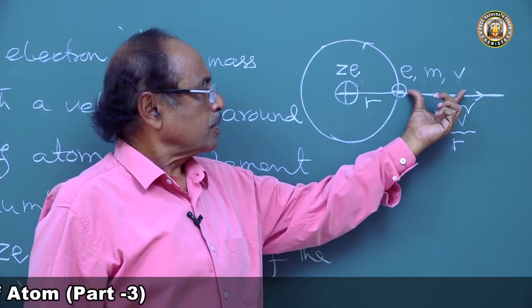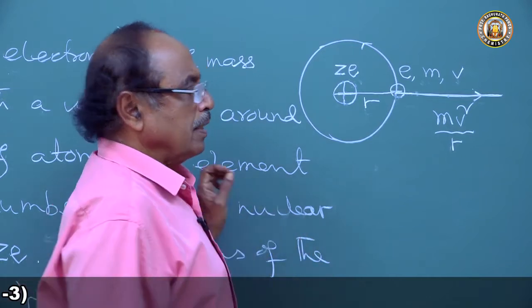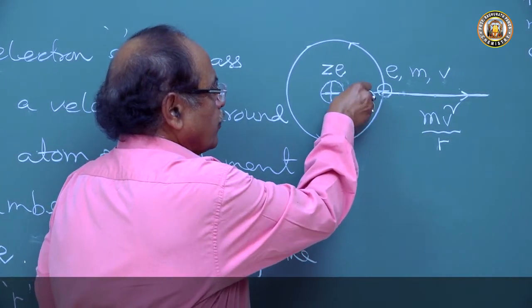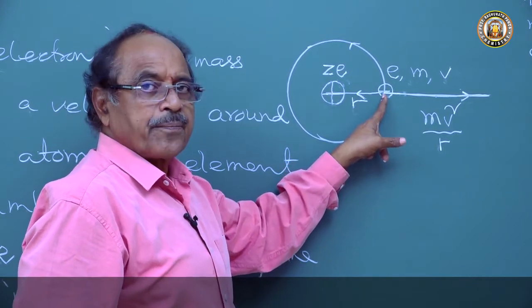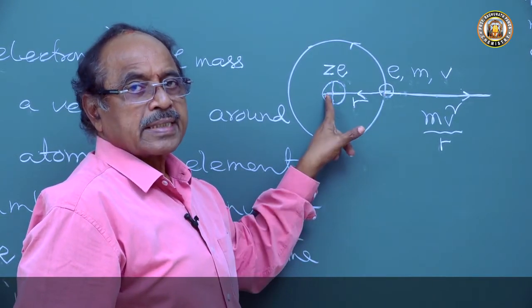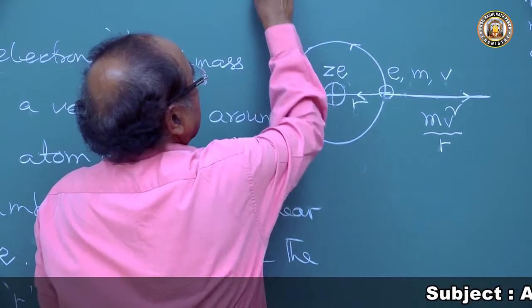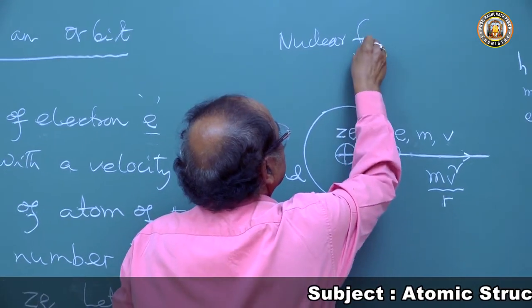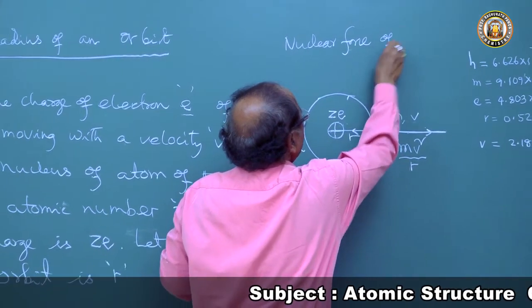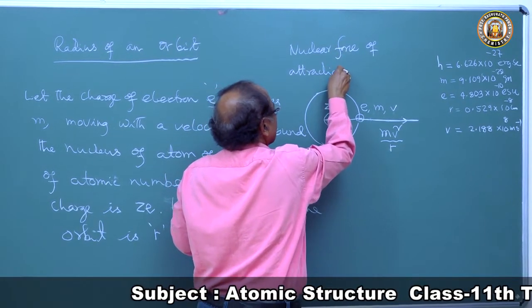Now this outward centrifugal force of the electron is just balanced by the force of electrostatic attraction existing between the nucleus and the electron. So what will be the nuclear force of attraction upon the electron?